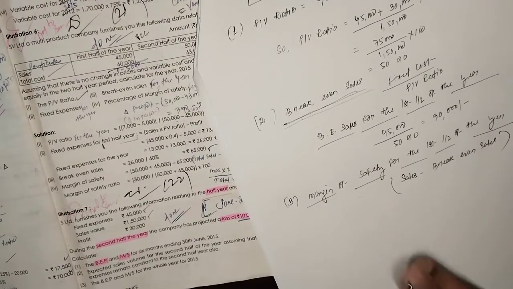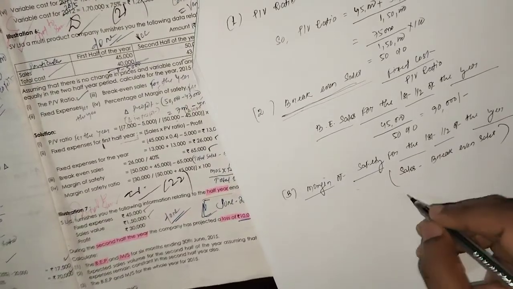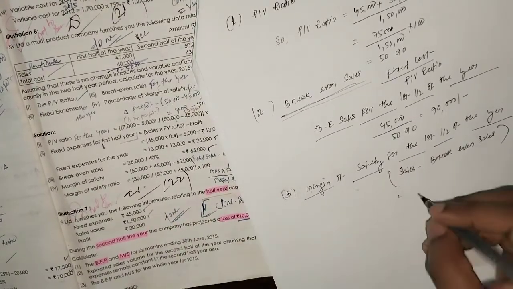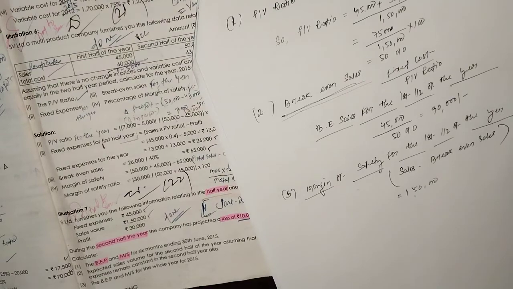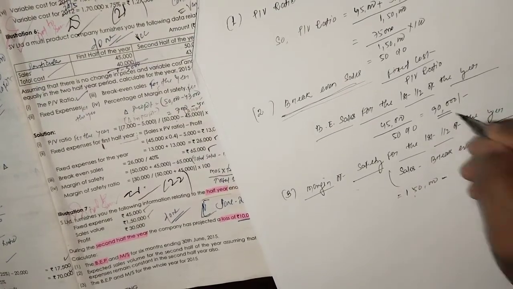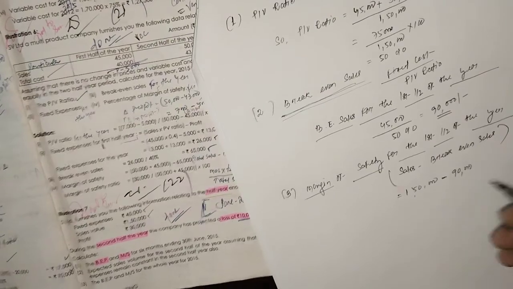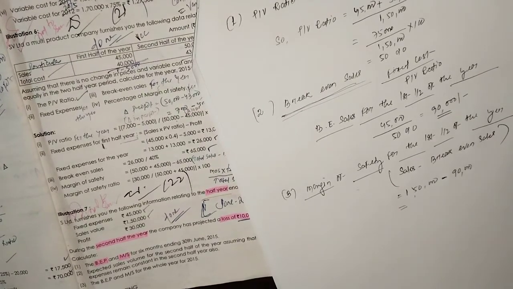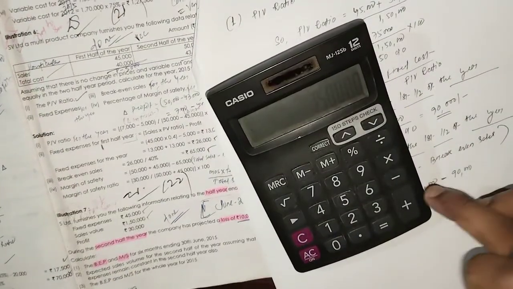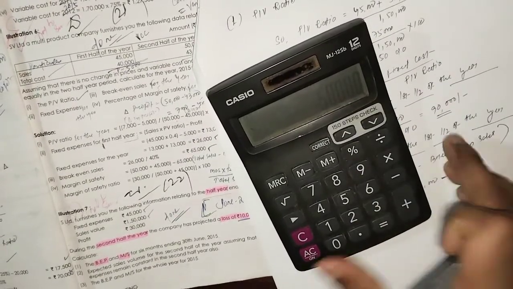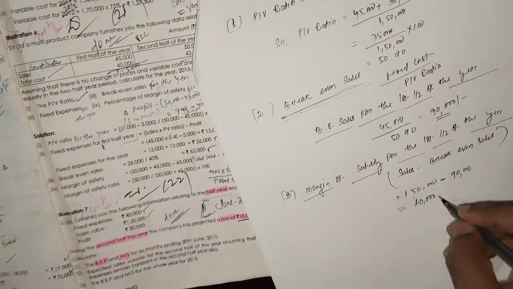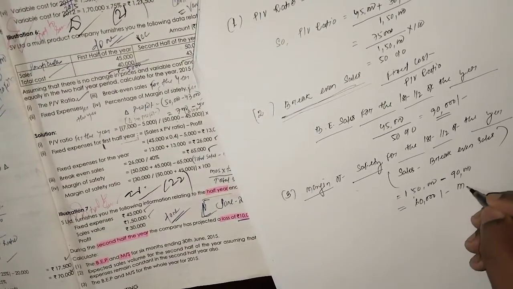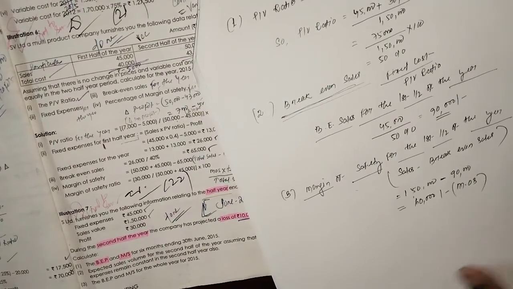Sales was 1,50,000. Break-even sales was 90,000. So margin of safety for the first half of the year will be 1,50,000 minus 90,000 is equal to 60,000. This is your margin of safety for the first half of the year.